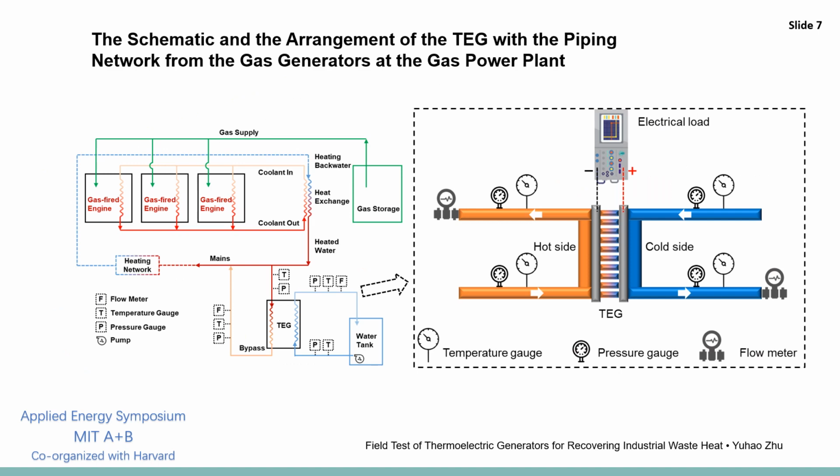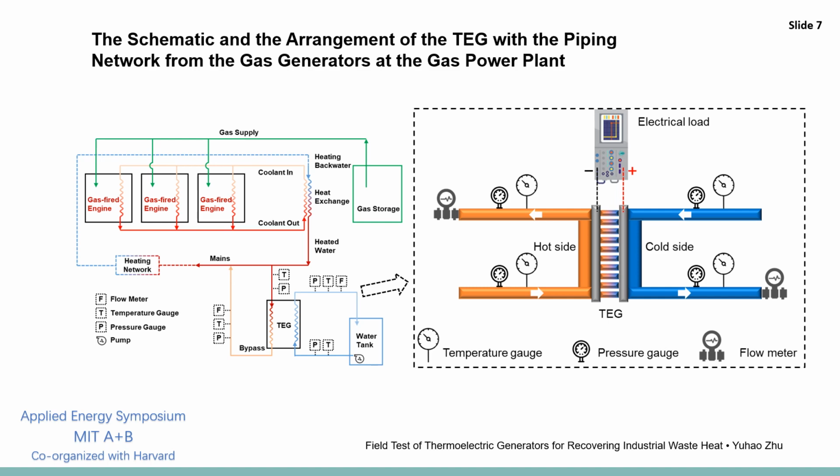Considering the safety issues, and in order not to interfere with the operation of gas generators, we didn't choose to install the TEG to replace the external heat exchanger. The installation site of TEG was chosen in an area where the heating network passed through and near a water tank.